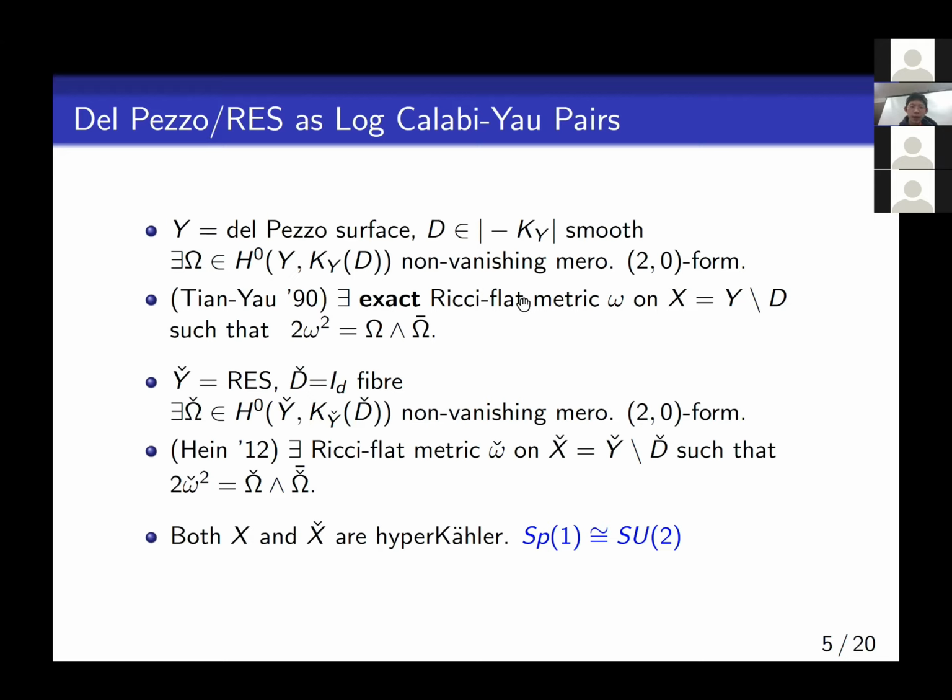In particular, applying to this case where Y is a del Pezzo surface and D is a smooth anticanonical divisor, we get a Ricci-flat metric. That means a closed (1,1)-form omega, actually exact in this case, such that 2 omega squared equals the holomorphic volume form with its complex conjugate on X. So in this sense I would say it's really a Calabi-Yau surface.